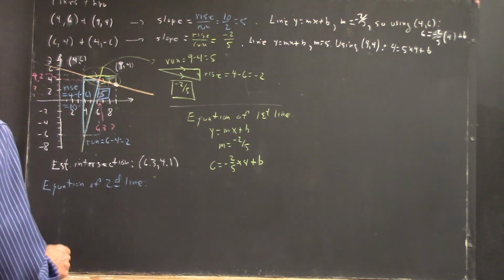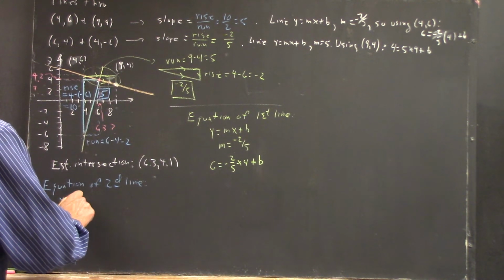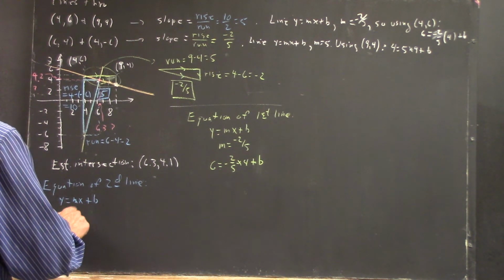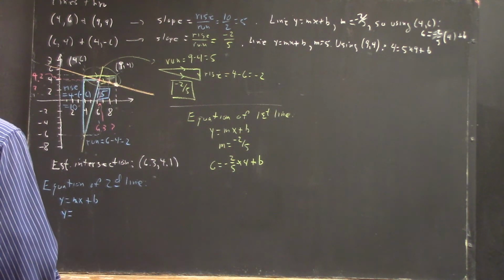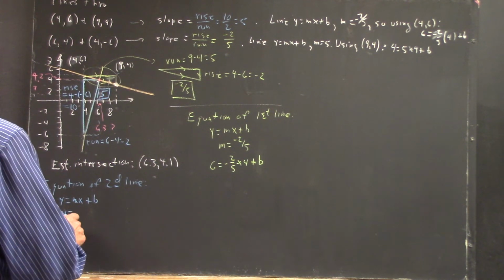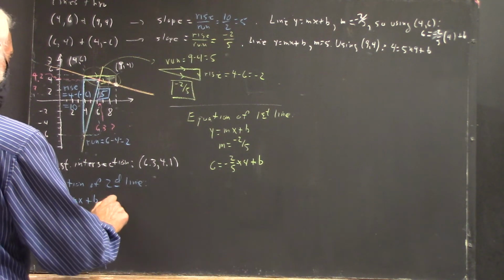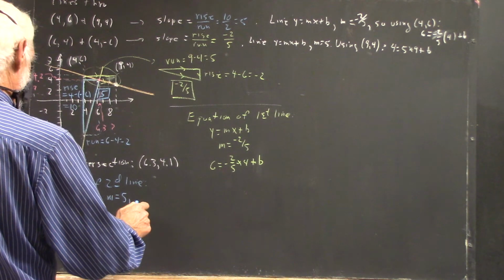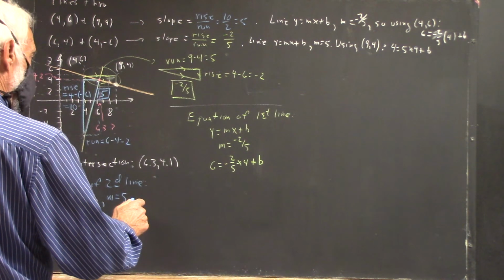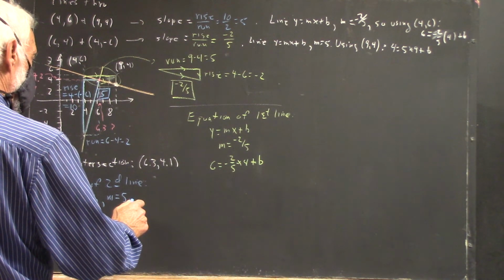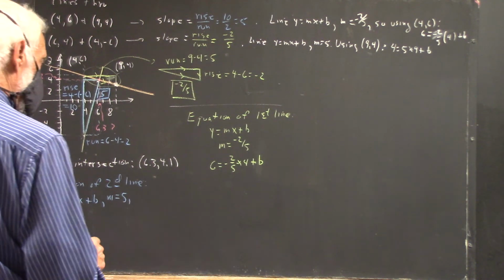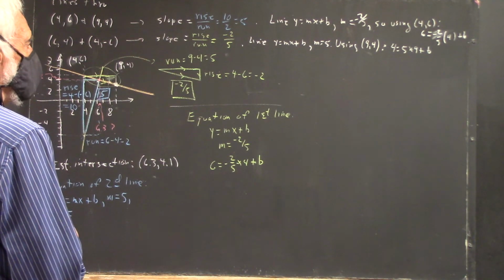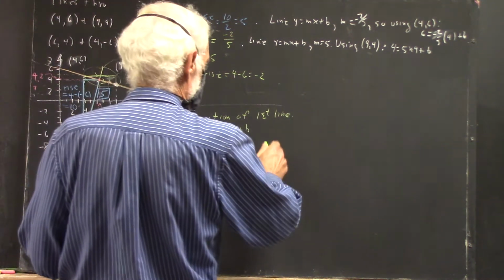What's the equation of the second line? M equals 5. So we get right out here.